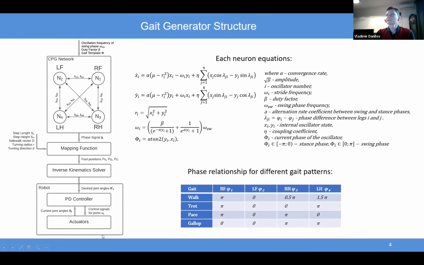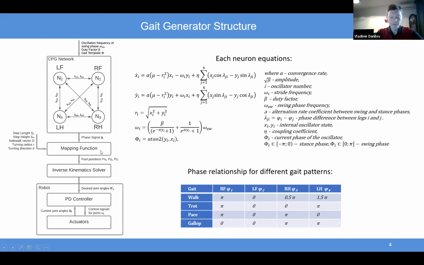So here you can see the block diagram of this gait generator. The first block is CPG network. It consists of 4 Hopf oscillators. Each of them is responsible for formation of a phase trajectory of each leg.